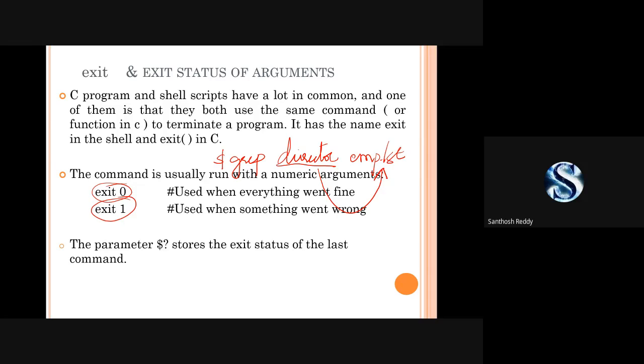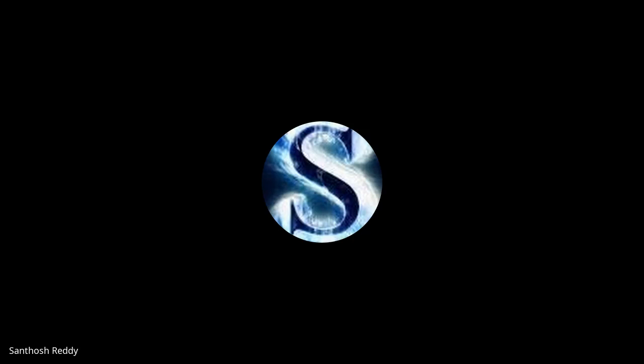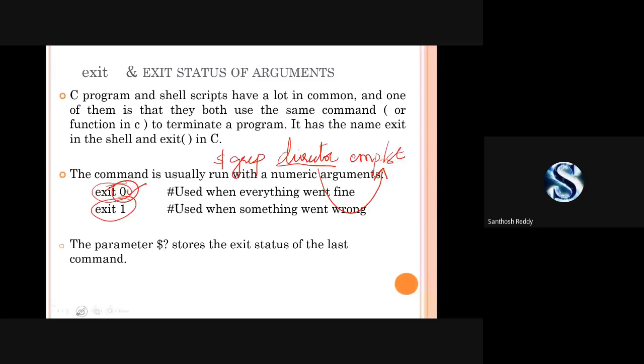If the word director is present in emp.lst, then you are going to get exit 0, meaning the termination of your program went successful. This 0 is going to be stored in $?.